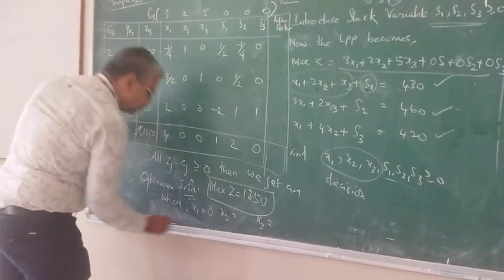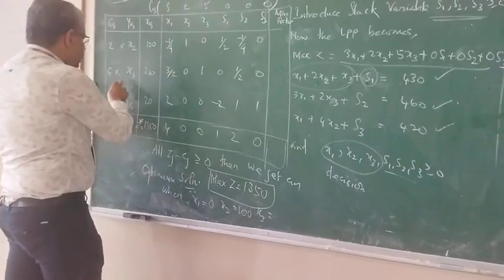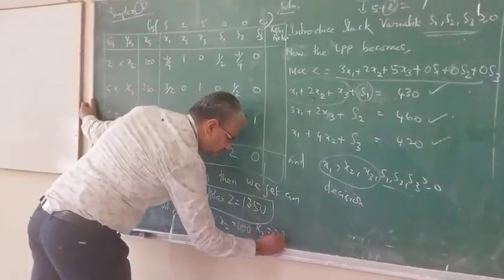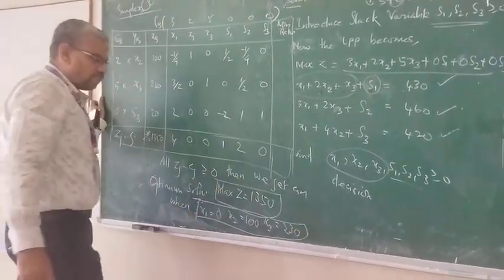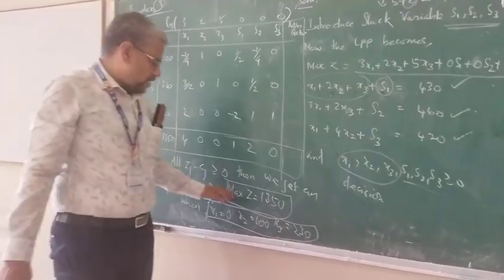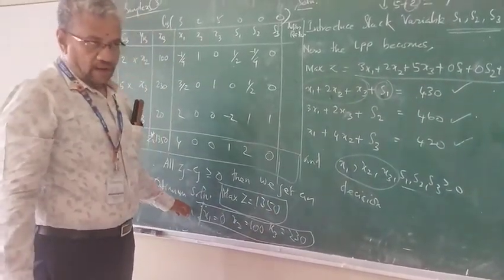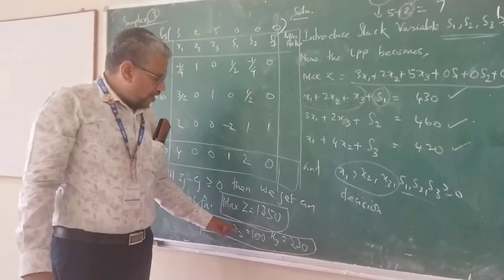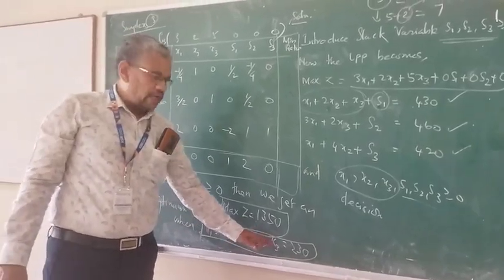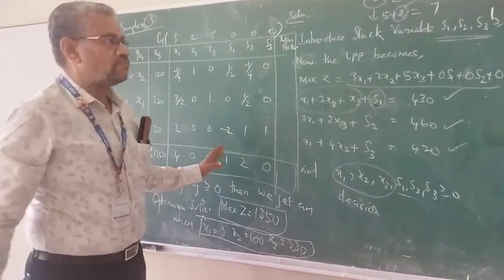Therefore, put x1 equal to 0. x2 equal to 100. x3 equal to 230. That's all. So the optimum solution for the given LPP is: maximized Z value is 1350 when the decision variables are x1 equal to 0, x2 equal to 100, x3 equal to 230. This is the final answer. This is called the optimum solution.